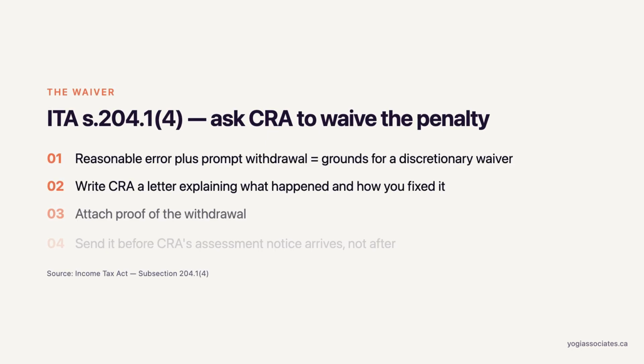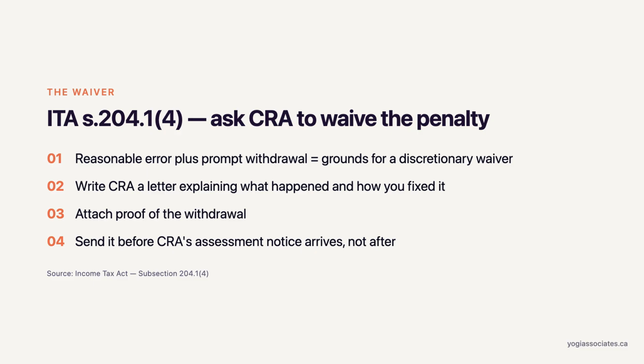Sometimes the overcontribution wasn't really your fault. Subsection 204.1(4) of the Income Tax Act gives CRA discretion to waive the Part X.1 tax if the excess was a reasonable error and you took prompt steps to withdraw it. Reasonable error means honest mistakes: misreading your room, an employer's group RRSP contribution that pushed you over without notice, paperwork from two institutions that didn't add up the way you expected.